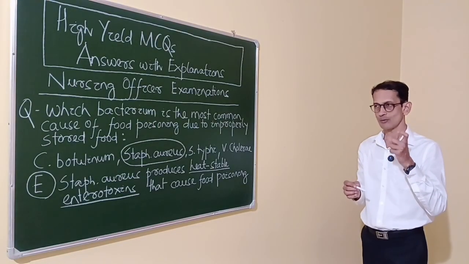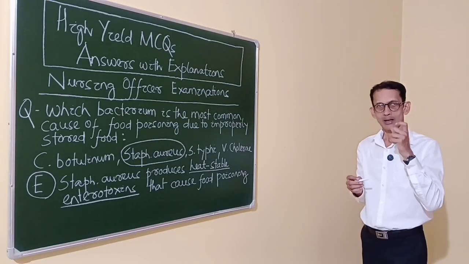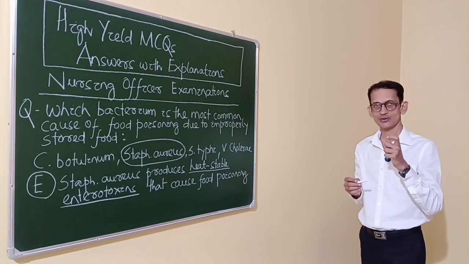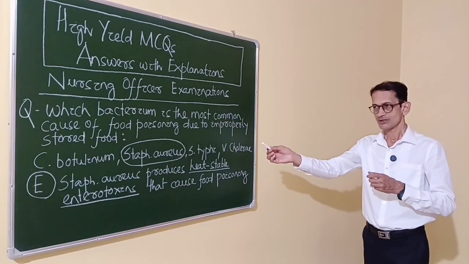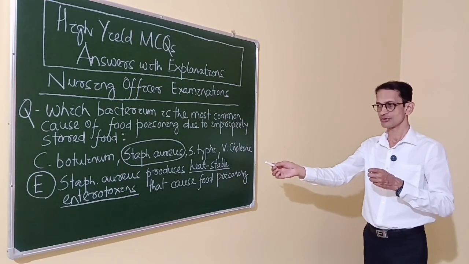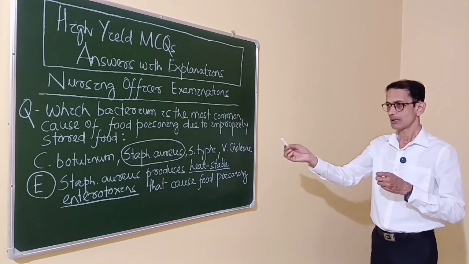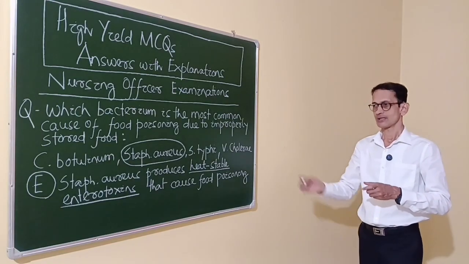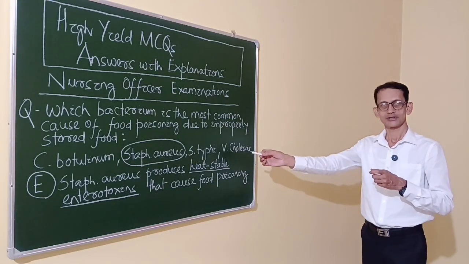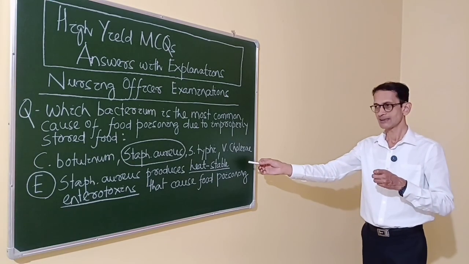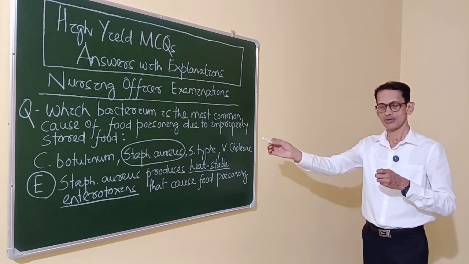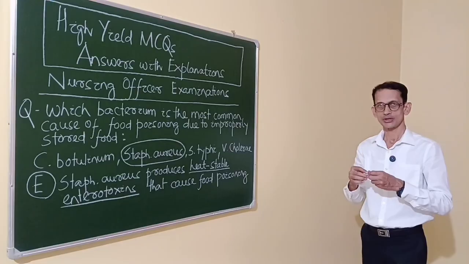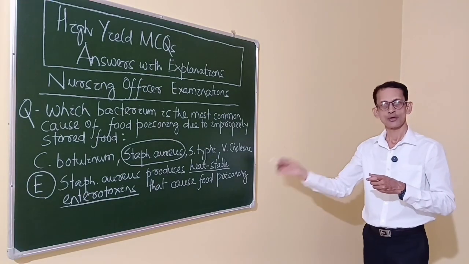Guys, explanations also are another set of questions and answers. What is the explanation here? Staphylococcus aureus produces heat stable enterotoxins that cause food poisoning. This is also important. Underline this. Heat stable enterotoxins are produced by Staphylococcus aureus, which cause food poisoning.